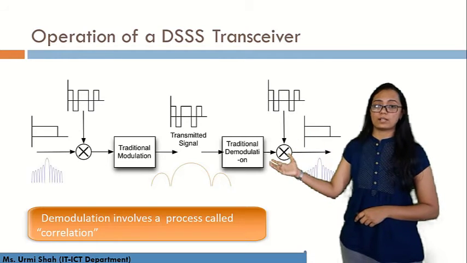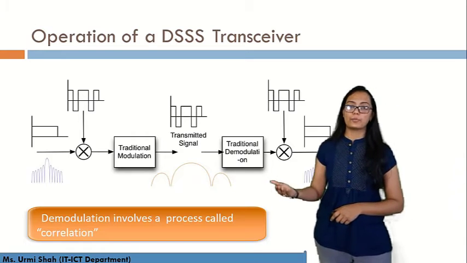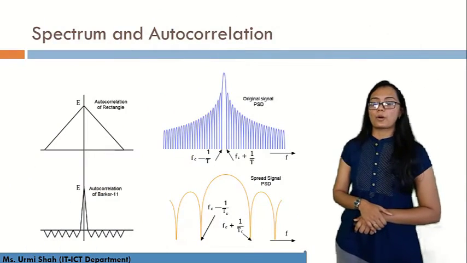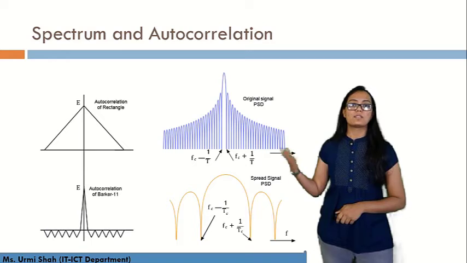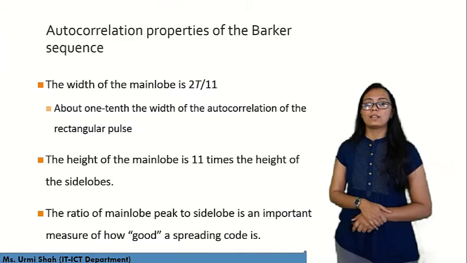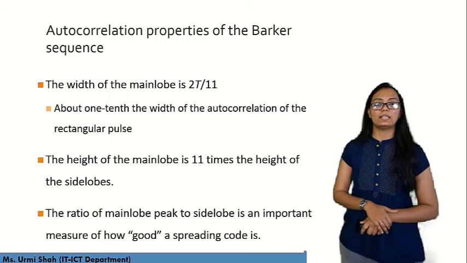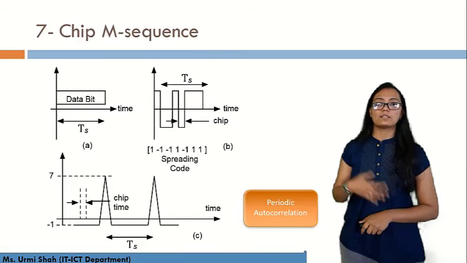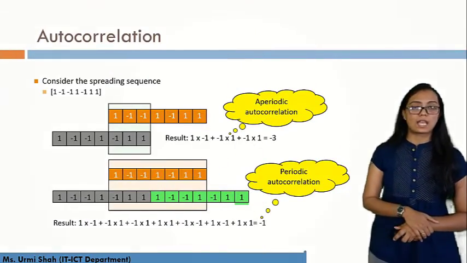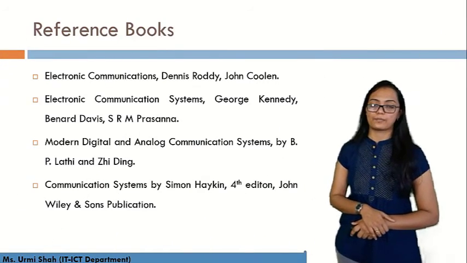As you can see how the transmitter and receiver blocks are generated, demodulation here involves a process that is known as correlation. Correlation properties and autocorrelation processes are involved whenever we are performing DSSS. The autocorrelation properties of the Barker sequence we will be discussing in the upcoming session. What is the M sequence, and how is it generated using the autocorrelation process, I will be discussing in the next session.